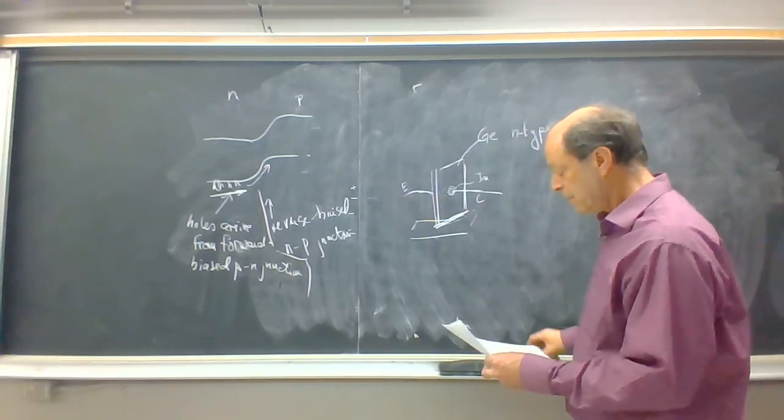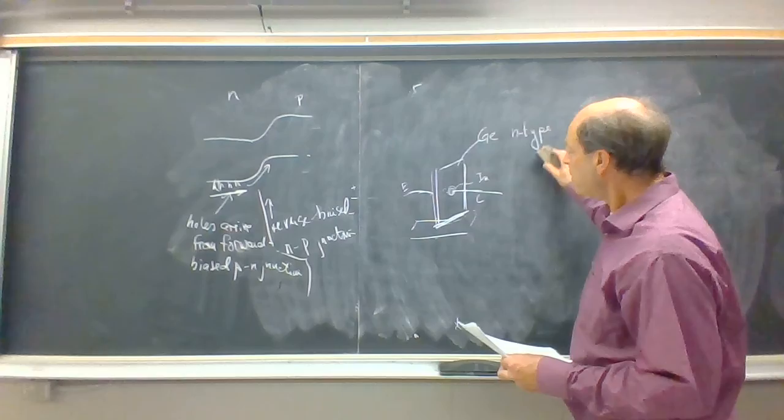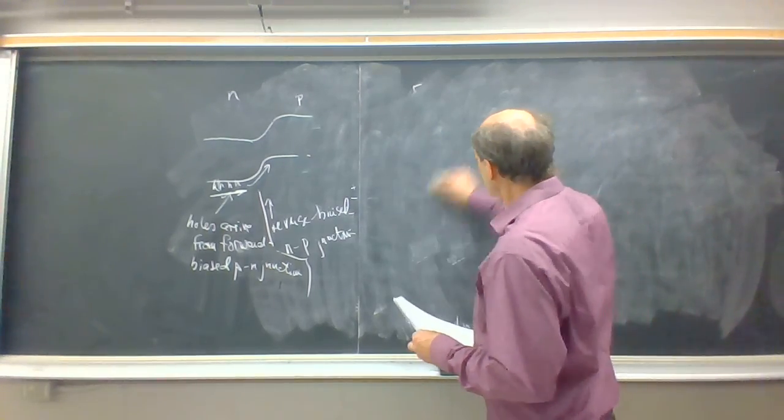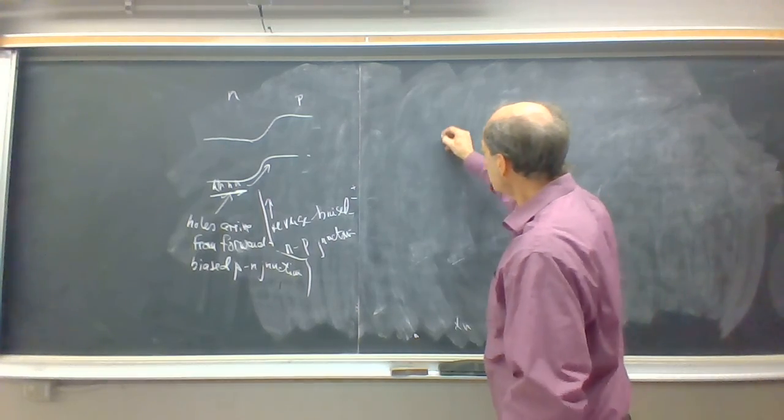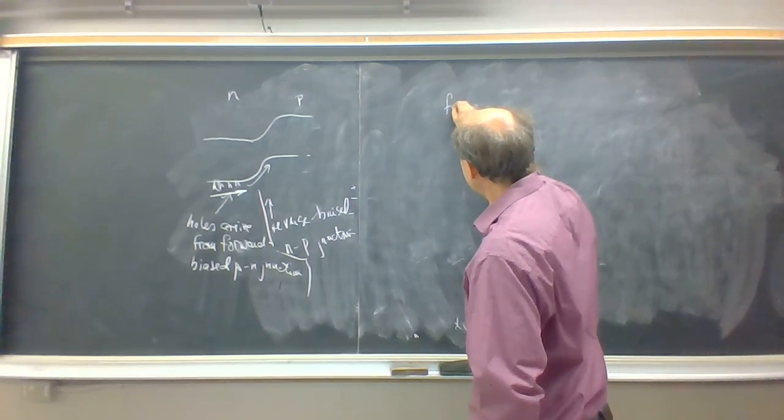Now, in order to optimize certain things in this transistor, let's just go back to a forward bias junction.